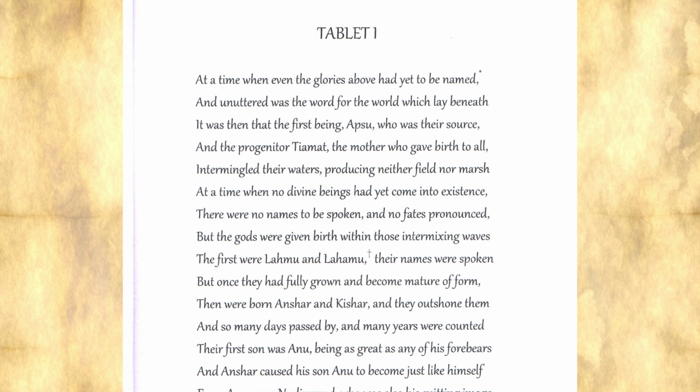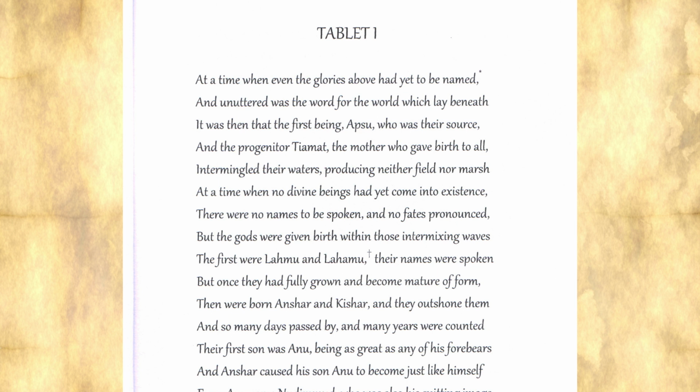We're at the same place right there. Right in the beginning, we're establishing this condition for our existence, our mental existence, and that's it. There were no names to be spoken and no fates pronounced, so we were not living in the experience of that yet. We are naked and in the garden, essentially.